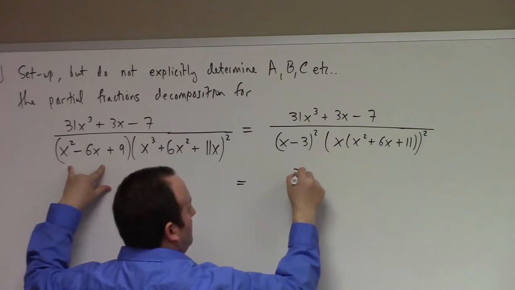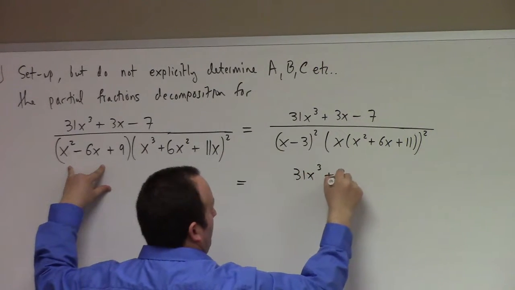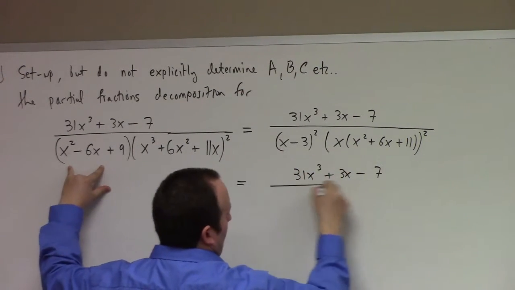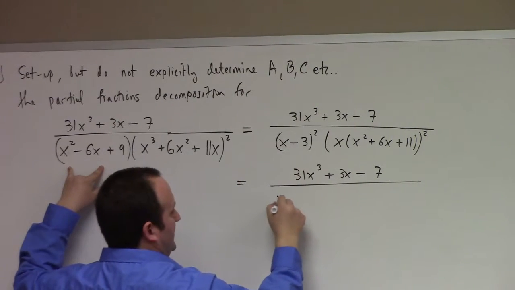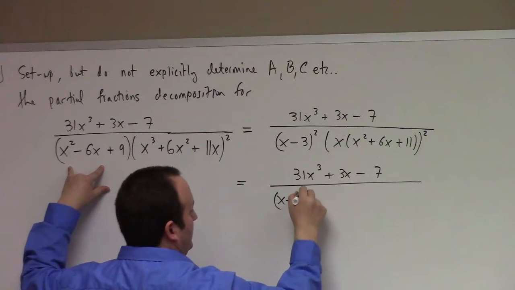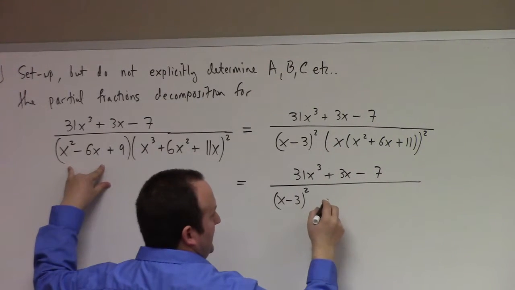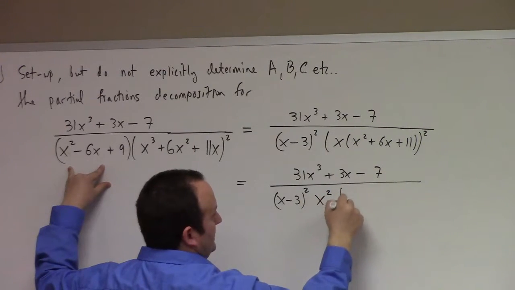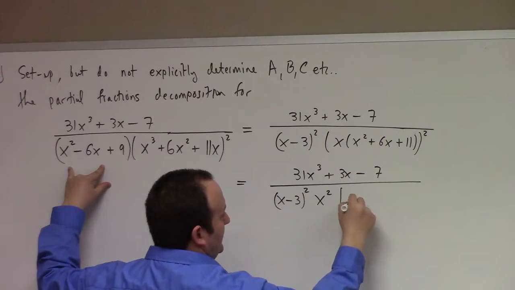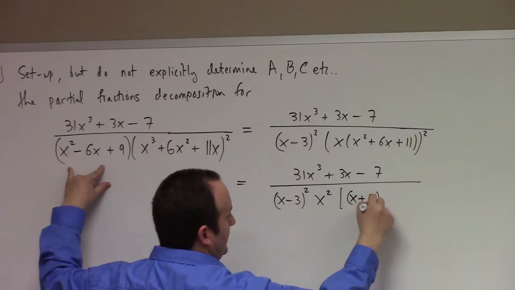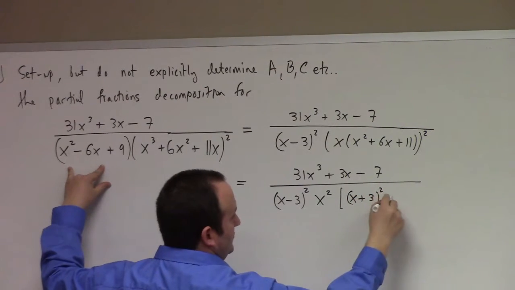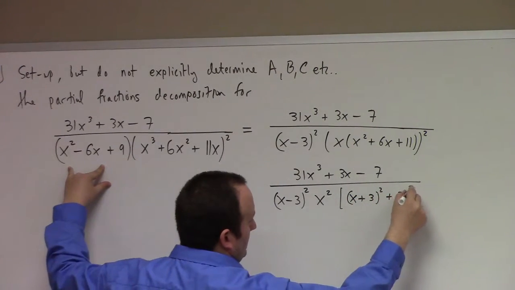So we can simplify that, right? What do we have? I've got my x minus 3, quantity squared. When I square a product of two things, like a times b squared is a squared b squared, right? So I've got x squared, and then I can complete the square on that quadratic. I've got actually x plus 3 quantity squared plus 2, all of that squared.